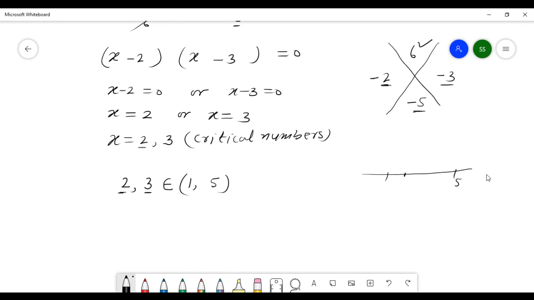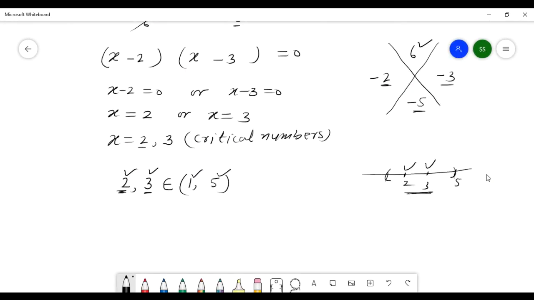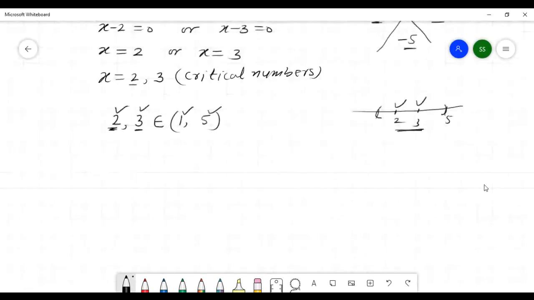So you will take 2, 3, 1 and 5 and find the value of the function.